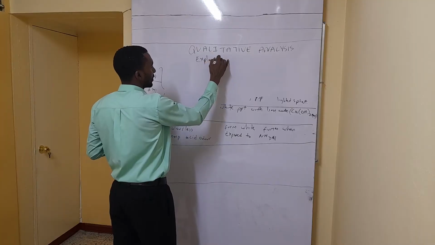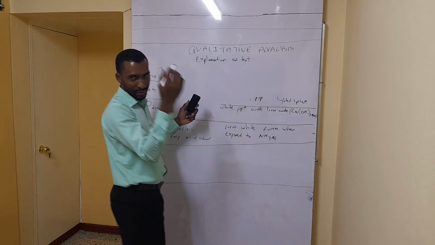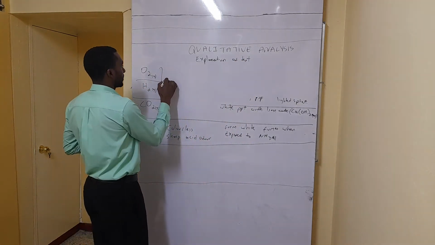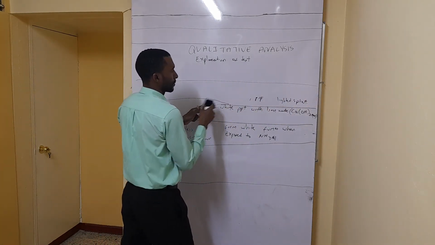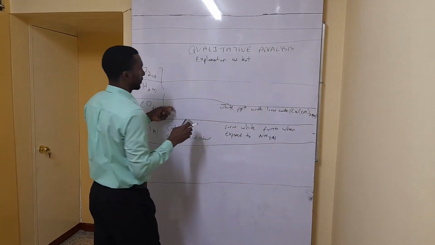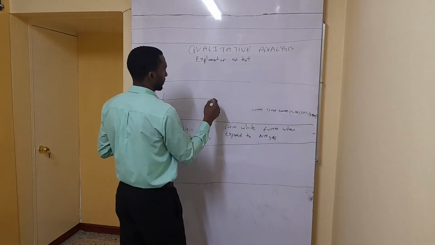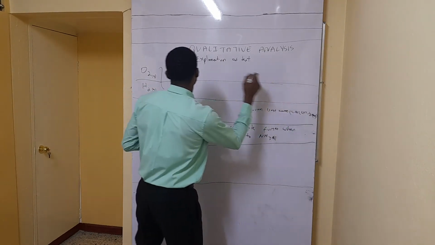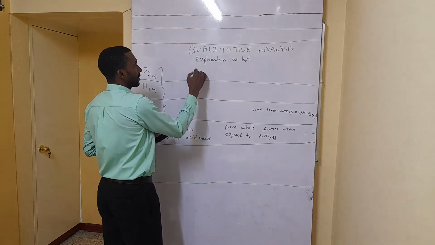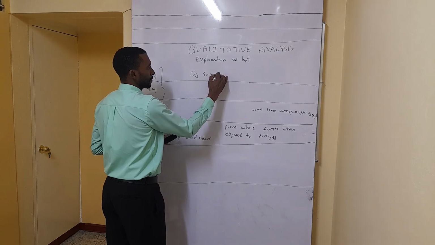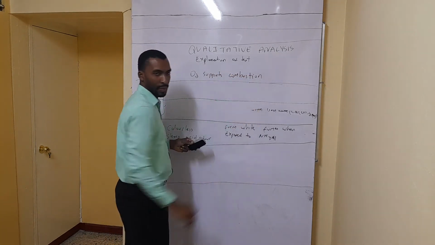That's the explanation of what we just showed. For the relighting of the glowing splint, oxygen supports combustion.